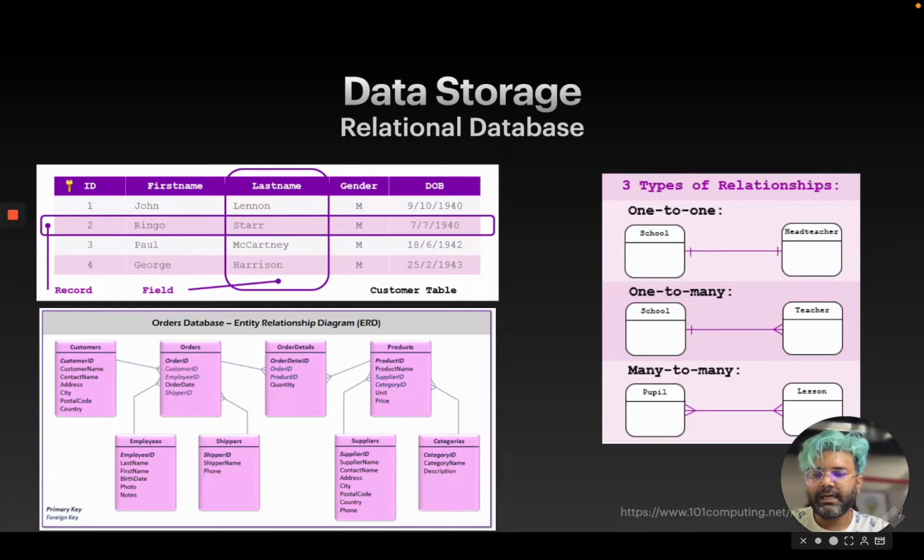Similarly, there are employees, and each employee has an employee ID, and again details like first name, last name, and so on. These employees can also place an order, which is why there is a one-to-many relationship between the employees and the orders table. And as we can see, employee ID is also a foreign key.